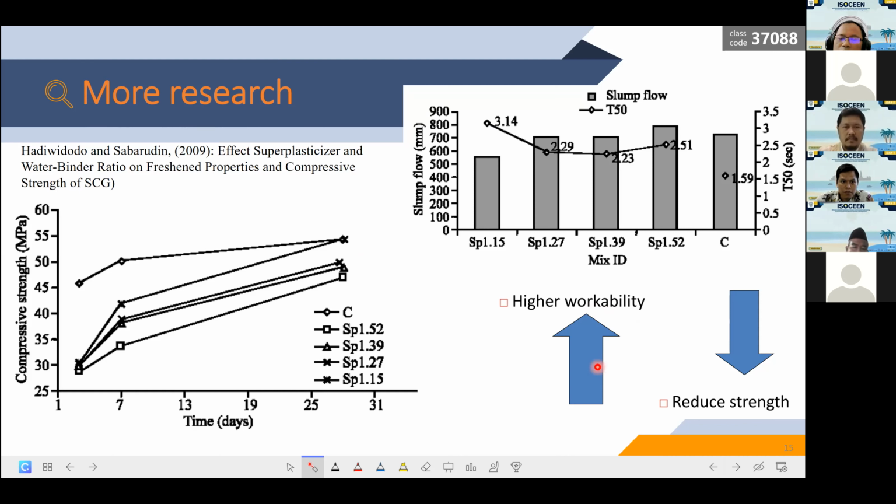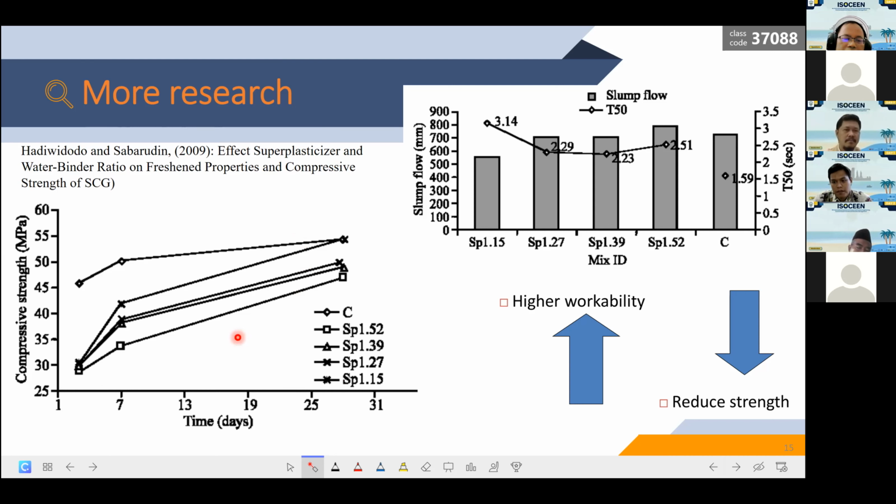When we want higher workability, the strength is reduced. But we can solve this paradox with self-compacting grout with some chemical admixture we call superplasticizer.